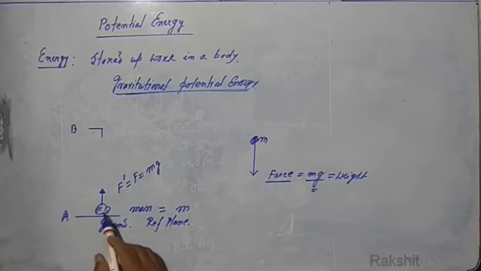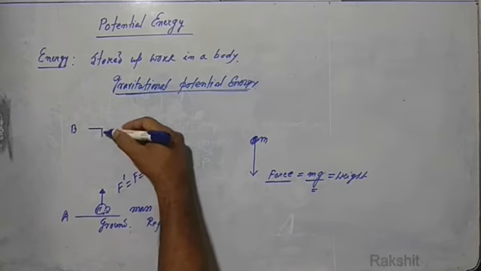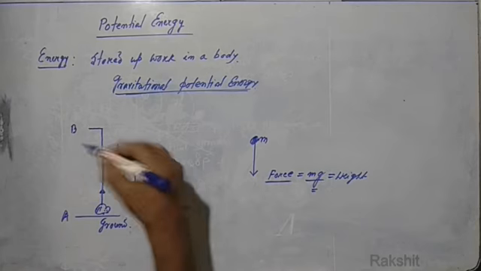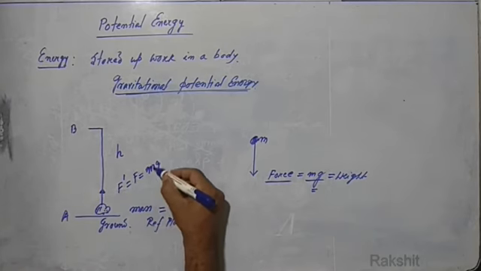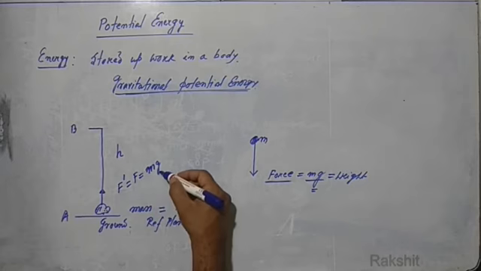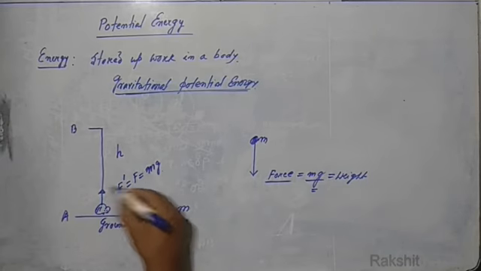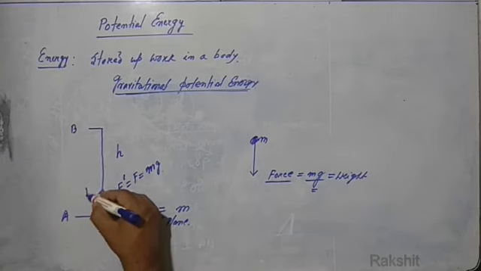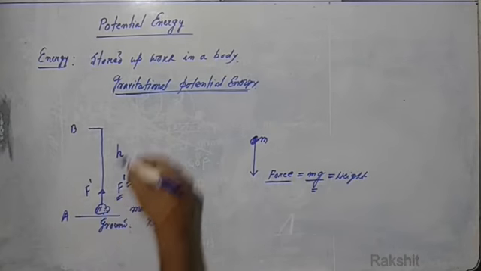The body of mass m is lifted through a height h by an external agent, and the external agent exerts a force mg, and under the action of this force F, the body moves through h.